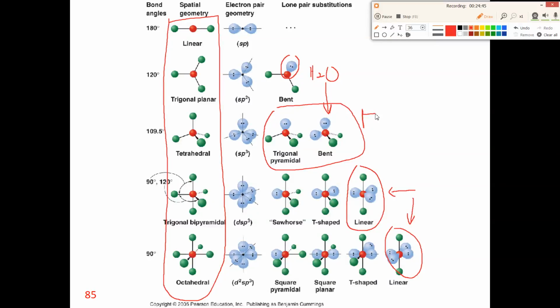Those are polar molecules, and those are nonpolar. If there's no substitution, all those are symmetrical, nonpolar. With the lone pair substitution, polar, becoming asymmetrical. Right?